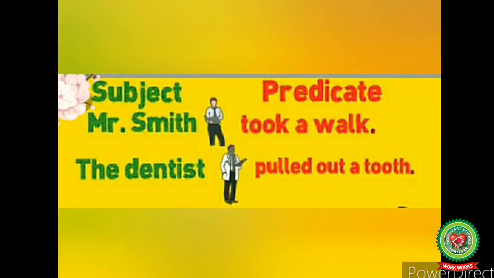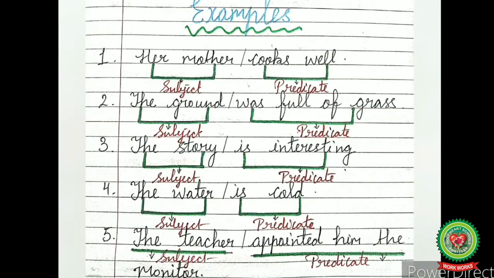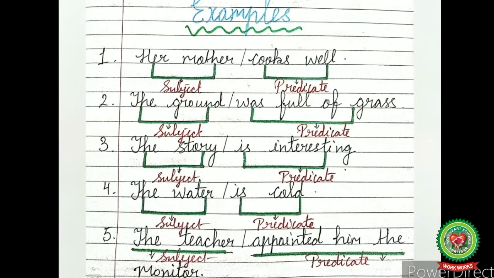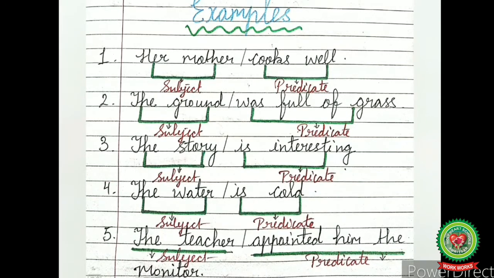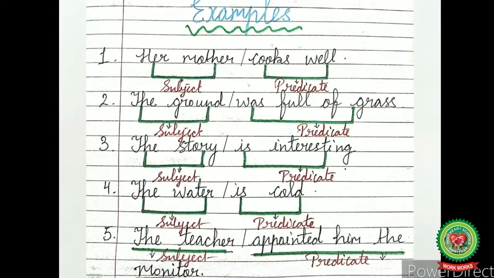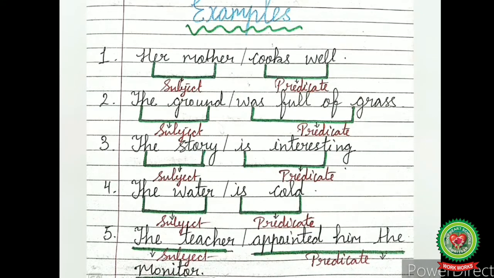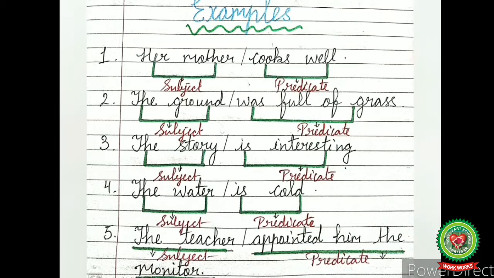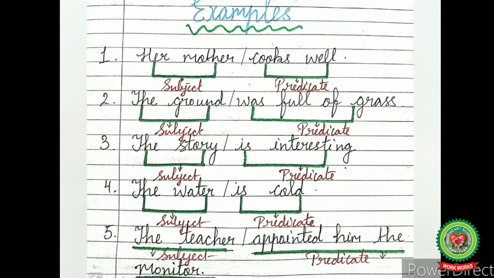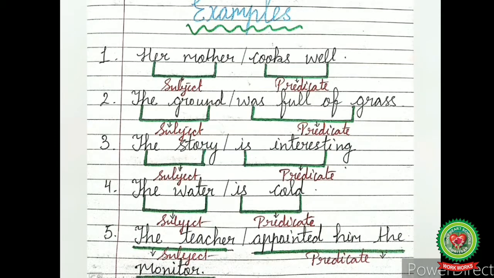Now we'll discuss some more examples. So let's start. Number 1 is, her mother cooks well. About whom we are talking? Her mother, so subject. What we are talking? Cooks well, so predicate. Number 2 is, the ground was full of grass. About what we are talking?